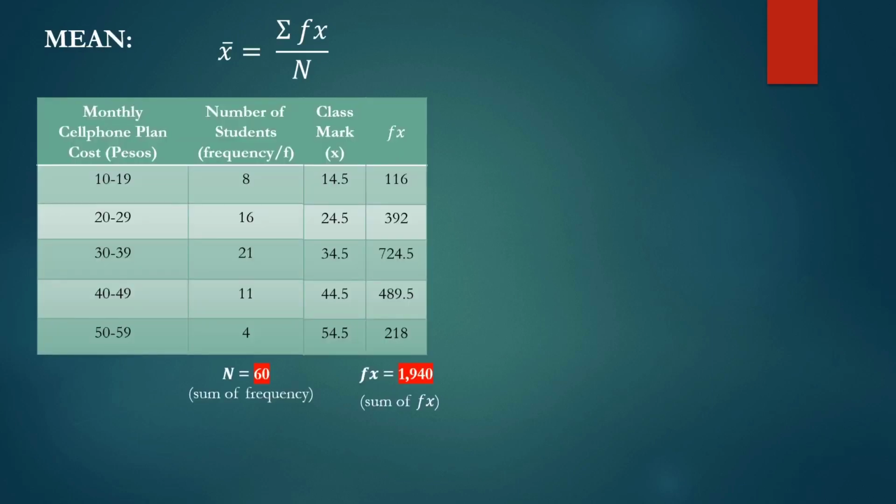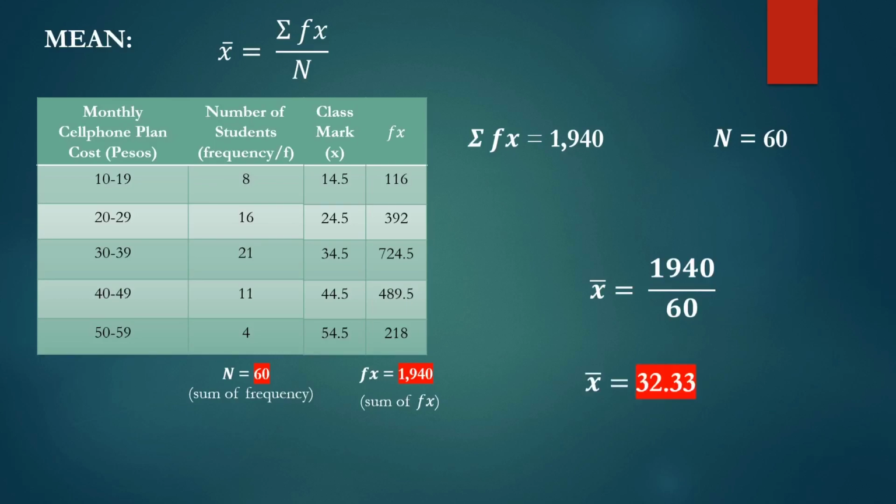Now, looking at the formula, the summation of fx is 1,940, the total of the fx. Next, the n is the total of frequency, and that is 60. So now we can solve. 1,940 divided by 60 is 32.33. So the mean is 32.33.